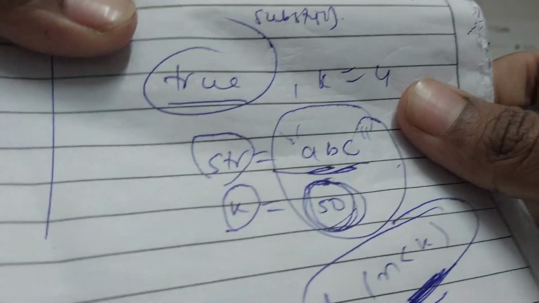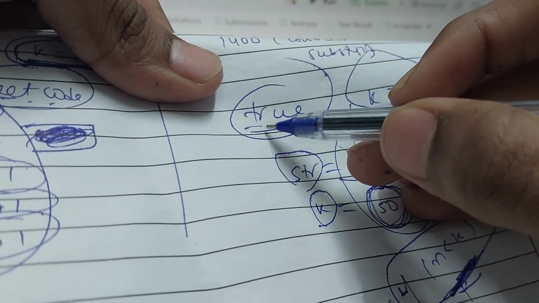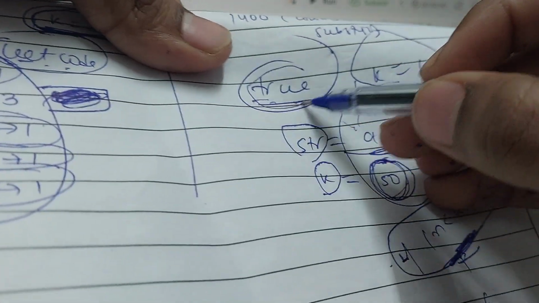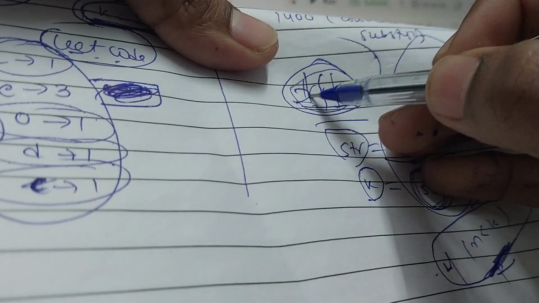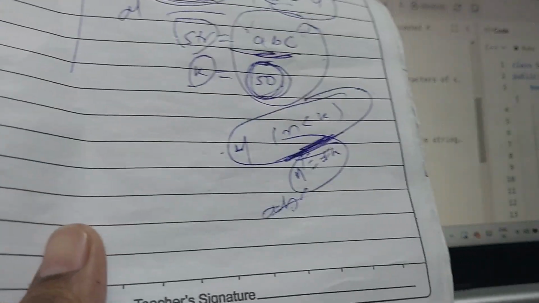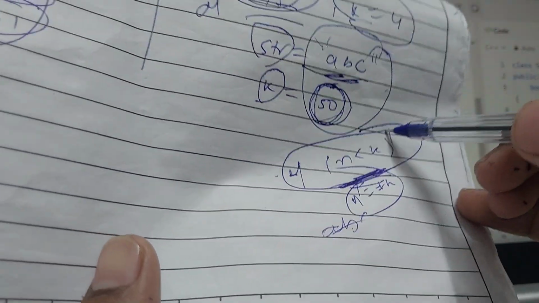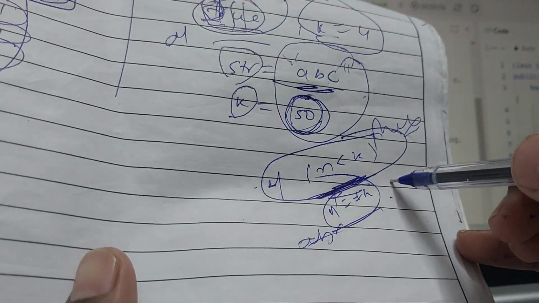If we construct 4 palindrome substrings and the length of the string is also 4, we have to take all the characters individually. A single character is always a palindrome, so we always return true for n equal to k. So we got two conditions: if n is less than k, we return false, and if n is equal to k, we return true.